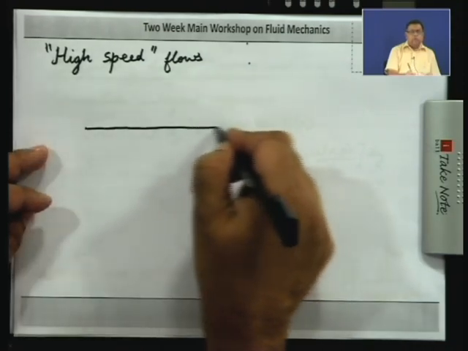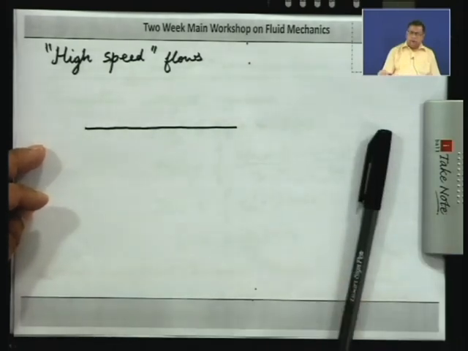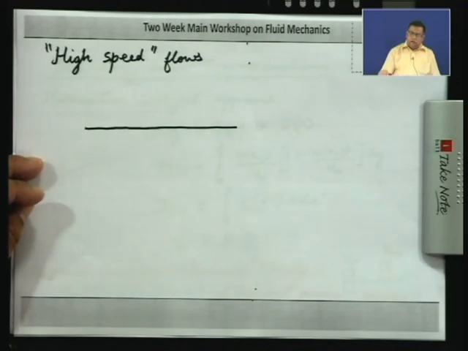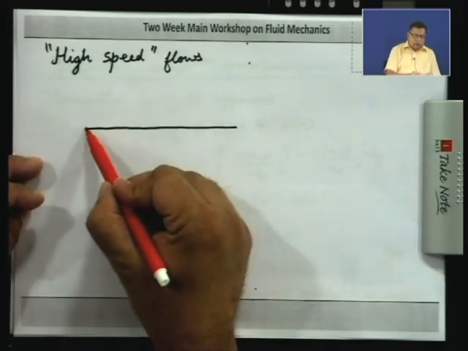So, the solution which we got using the approximate method yesterday showed you that you have a boundary layer.